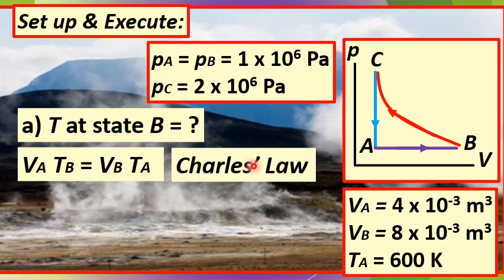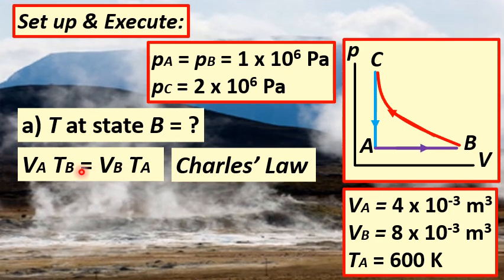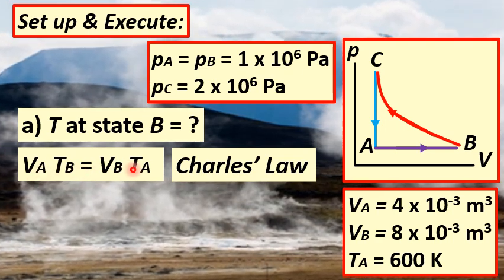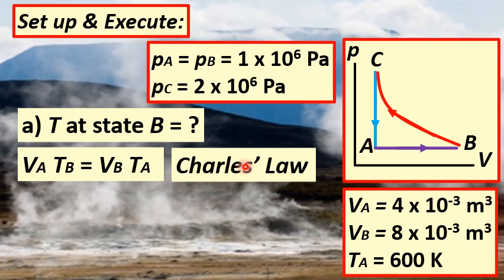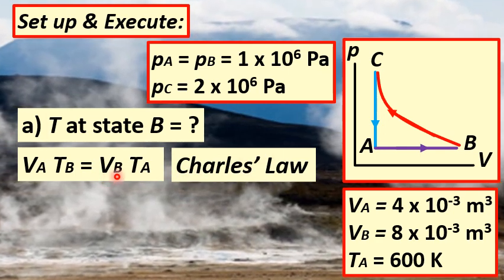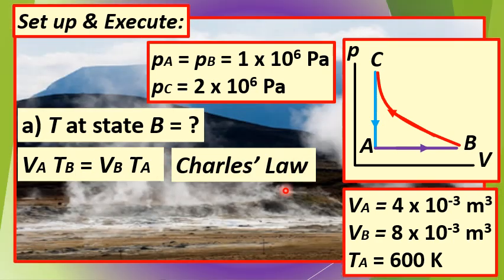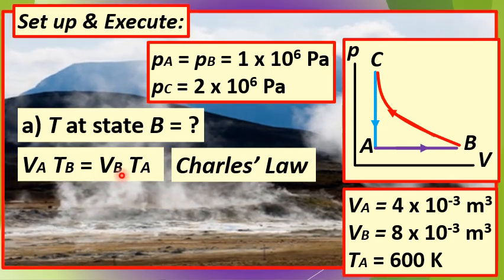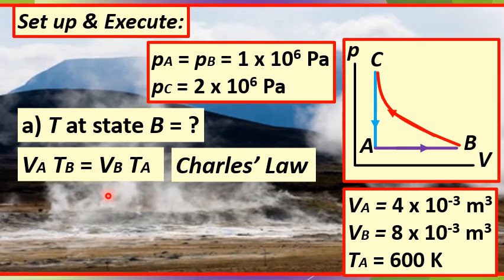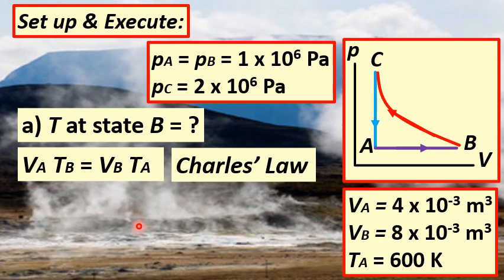So in Charles' law, the pressure is held constant. And since our target variable is the temperature at state B, then we can just isolate T sub B in this formula.